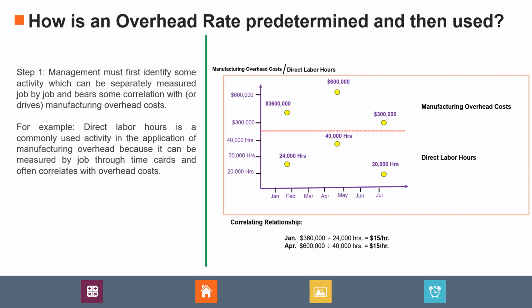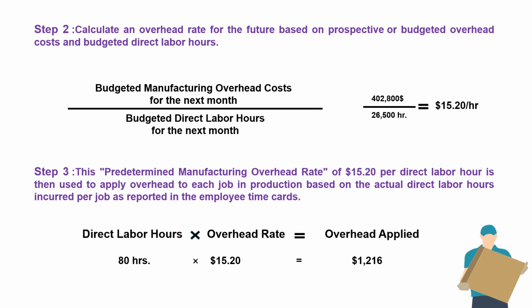Management and the accountants get together and ask what we think our overhead costs are going to be in the next month or year, given the level of activity we're going to have. They'll ask what our rent costs are going to be, what our utility costs are going to be, what depreciation is going to be, and we'll come up with budgets for the future.